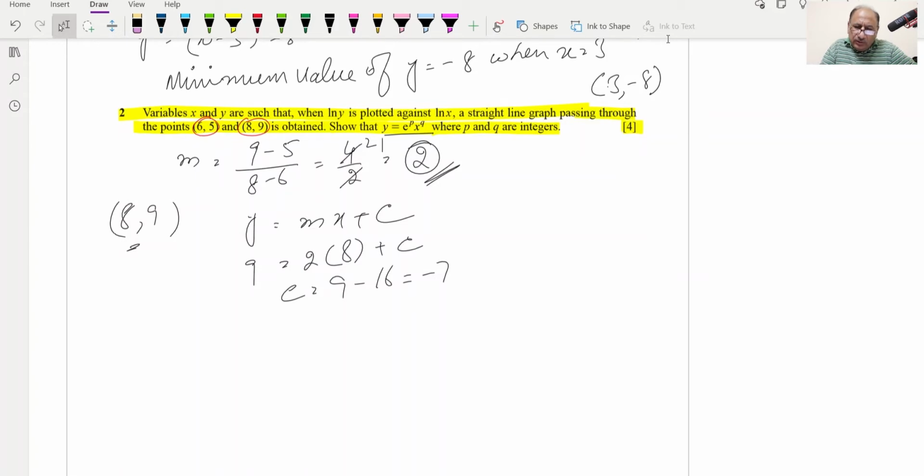We know that log y is plotted against log x. In terms of y is equal to mx plus c, instead of x and y, log y and log x are plotted.